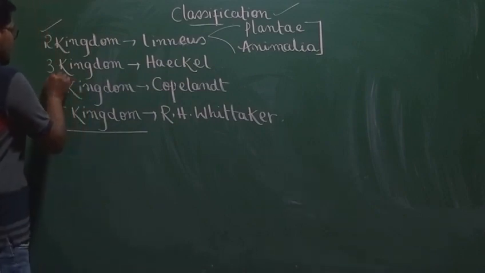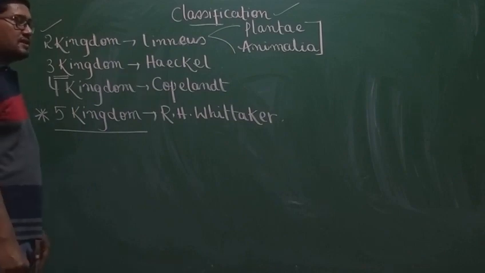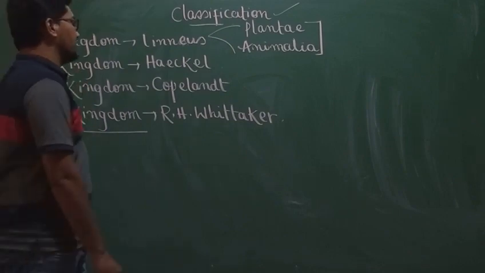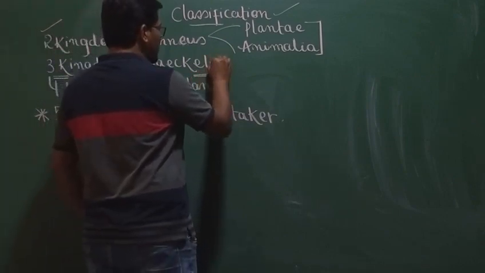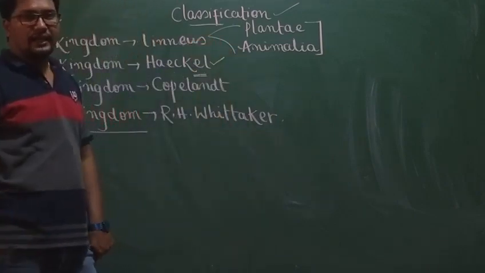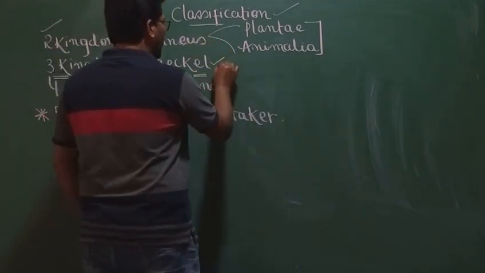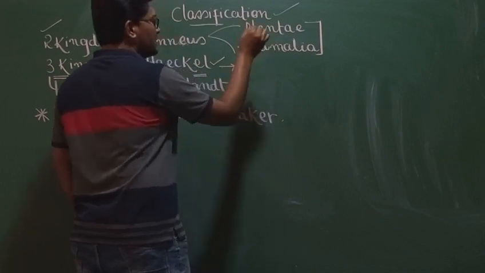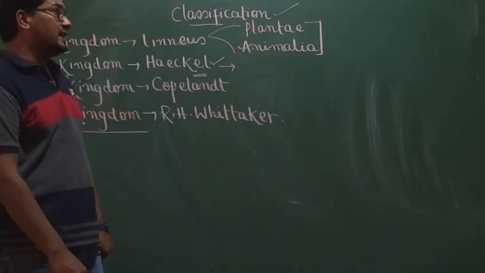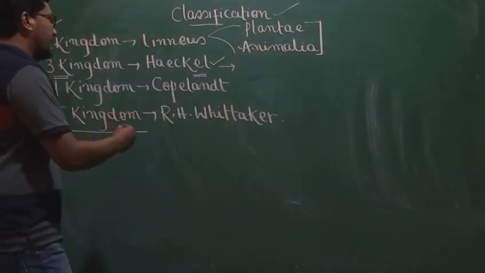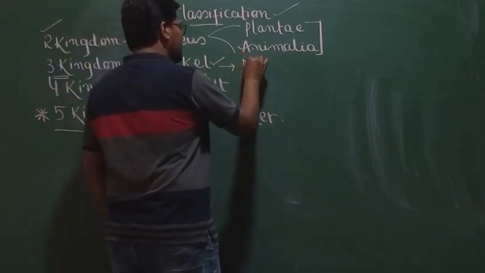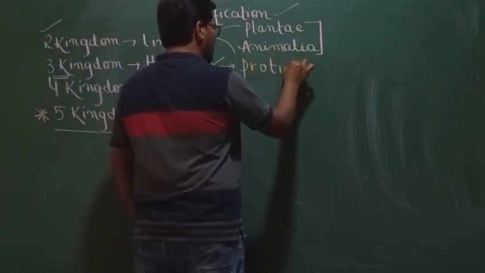Later, the next system of classification that came into existence is 3 kingdom classification, and it was given by Ernst Haeckel. According to Haeckel, already 2 kingdoms were existing, right? What were they? Plantae and Animalia, and he added one more kingdom, that is Protista.